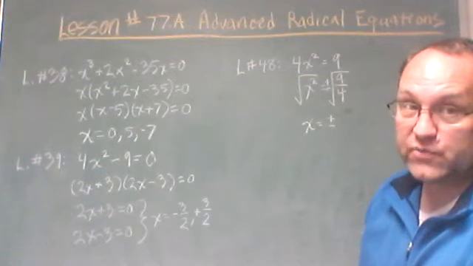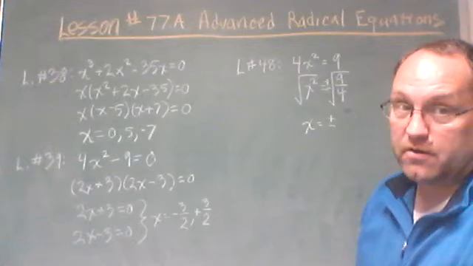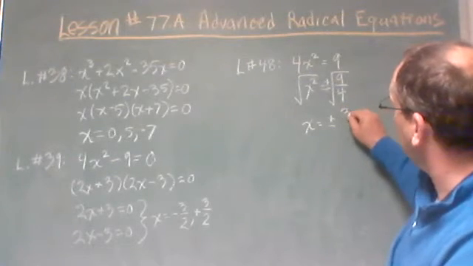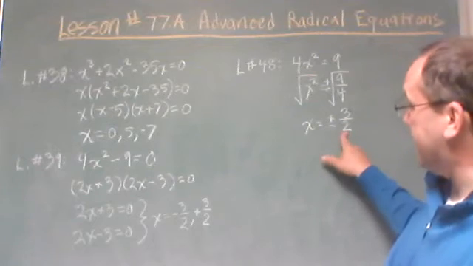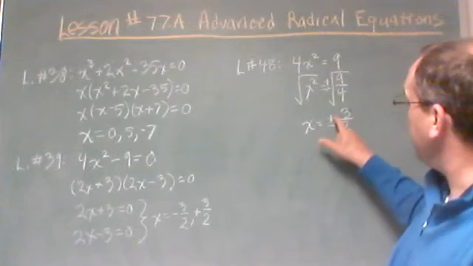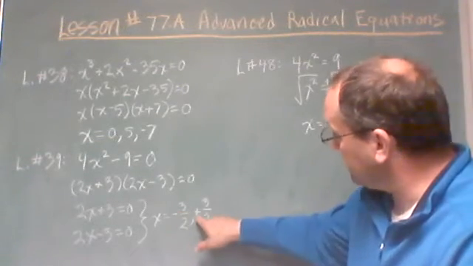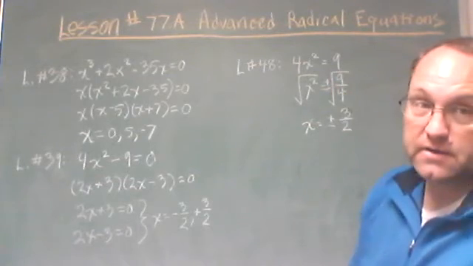Now we recognize we can take the square root of the numerator and the denominator, so it comes out to 3 halves. Now look, we have the same solution that we did down here through factoring. We have a plus or minus 3 halves. It's important to do that.